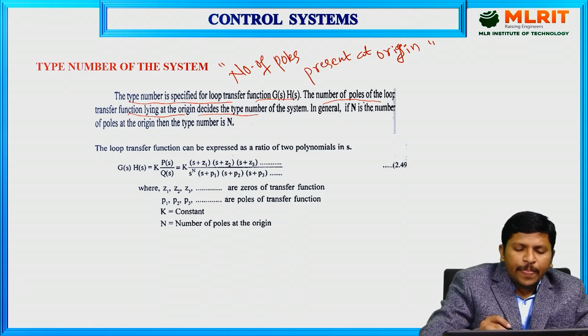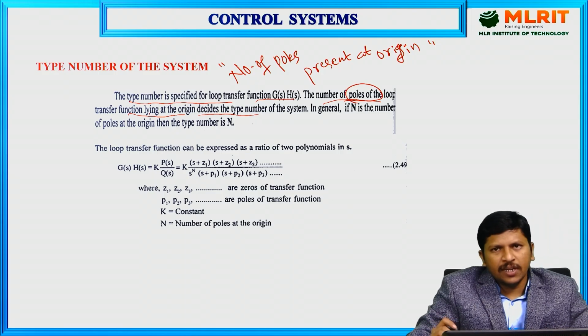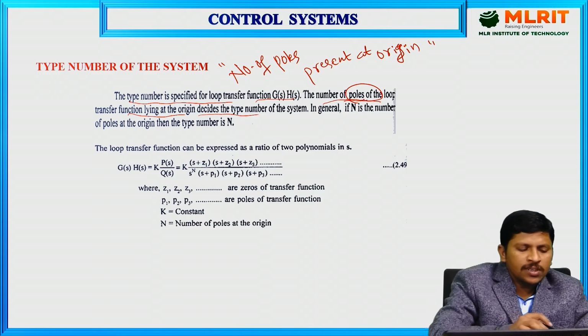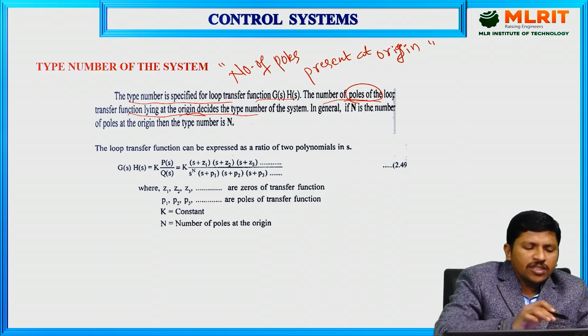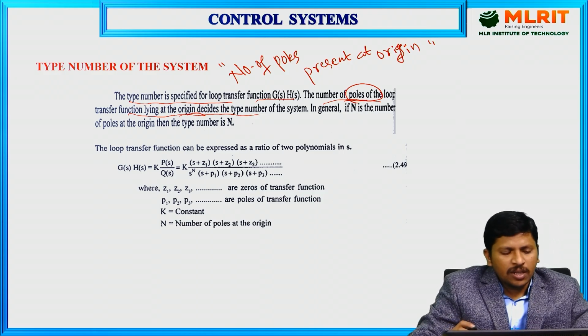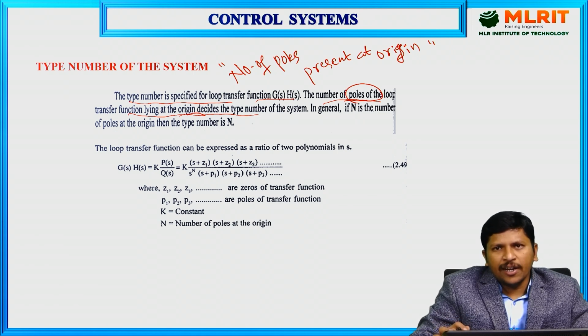See here, the number of poles of the loop transfer function G(s)H(s) lying at the origin decides the type number of the system. Any system's type number can be decided by the number of poles present at the origin.